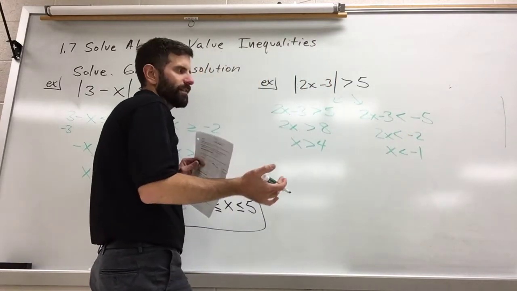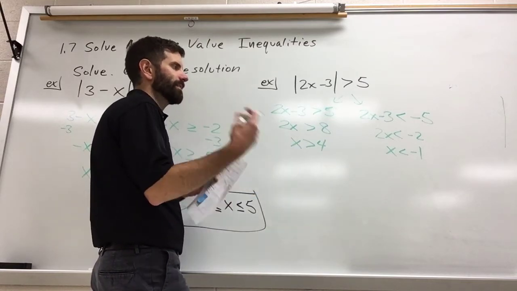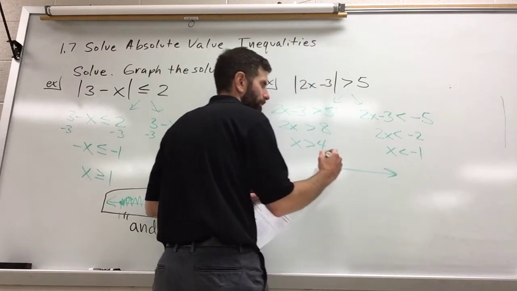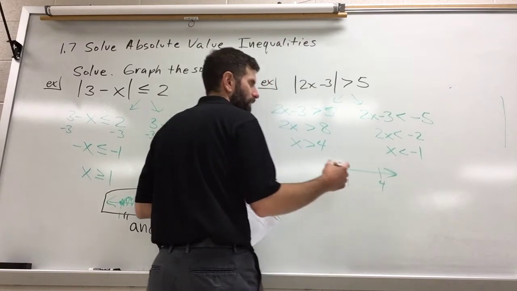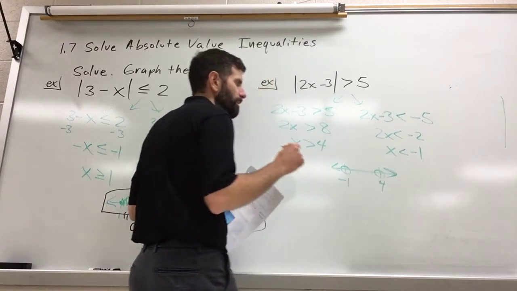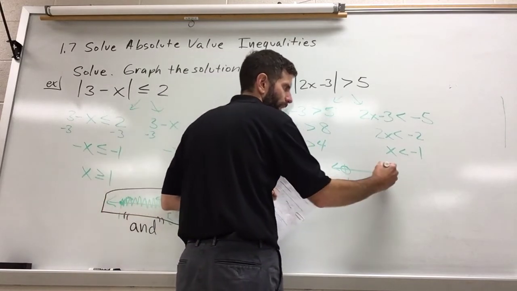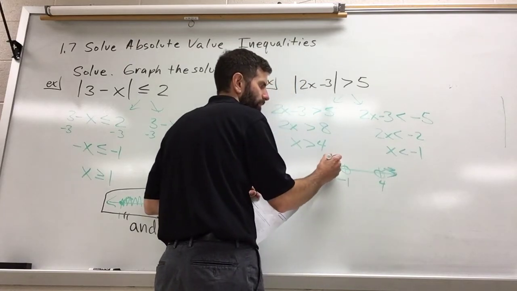I don't know if it's an "and" inequality or an "or" inequality until I graph. So draw my number line out. Negative 1 is smaller, 4 is bigger. They're going to be circles. And now let's find out which way we're going to shade. We're going to shade x is greater than 4, x is less than negative 1.